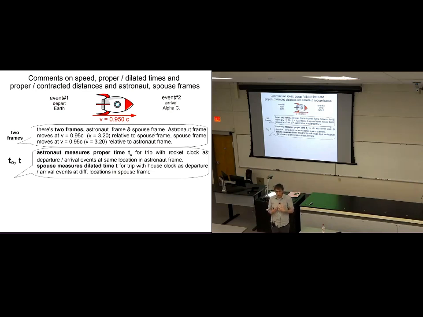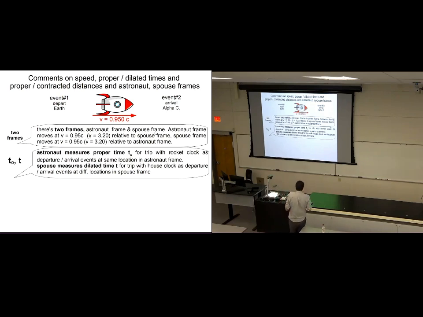In the astronaut frame, they didn't move, and their clock measures the proper time between when they waved goodbye to me and when they called me up from Alpha Centauri when they got there. So the astronaut has measured the proper time because in the astronaut reference frame, departure and arrival are the same location. And so the clock in their spaceship measures the proper time between those two events, the departure and the arrival. So that's really important.